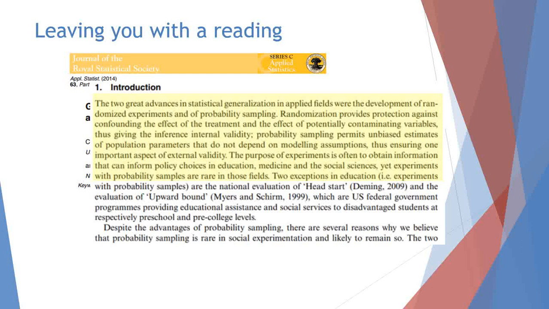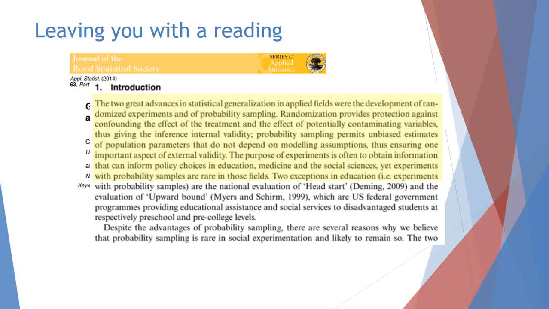Randomization provides protection against the effect of the treatment and potentially contaminating variables like self-selection. But probability sampling permits unbiased estimates of population parameters that do not depend on modelling assumptions like normality, thus ensuring one more important element of external validity.